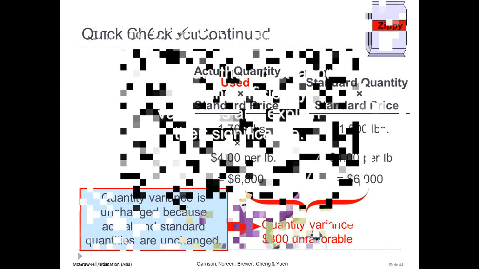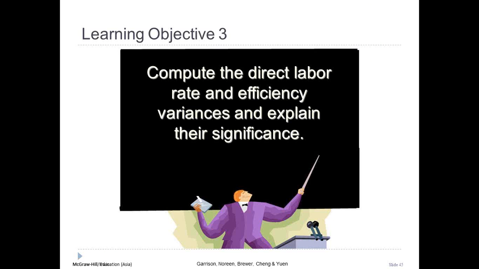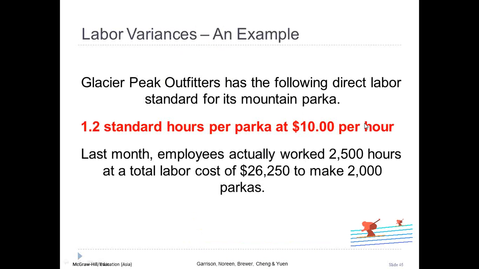So learning objective number 3, let's compute the direct labor rate and efficiency variances and explain their significance. Now let's turn our attention back to Glacier Peak Outfitters to illustrate the computation of labor rate and efficiency variances.